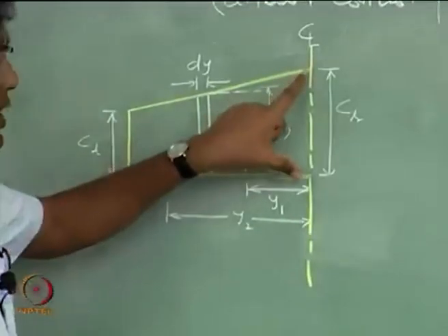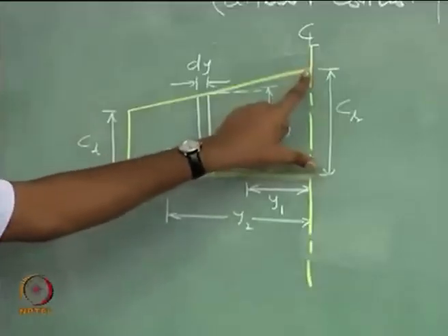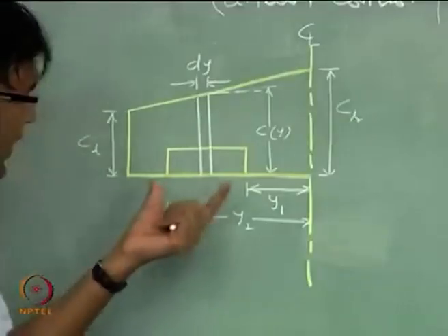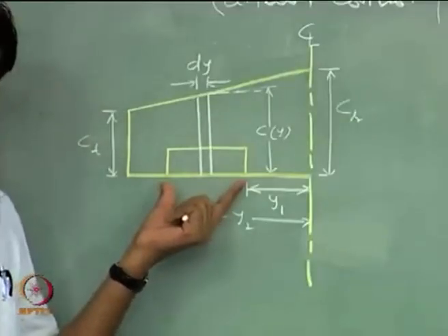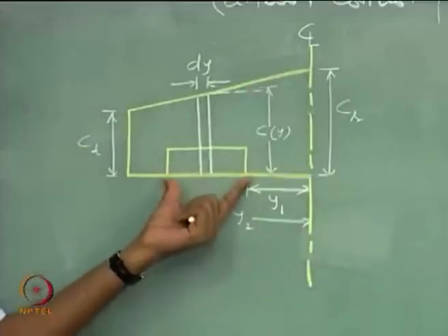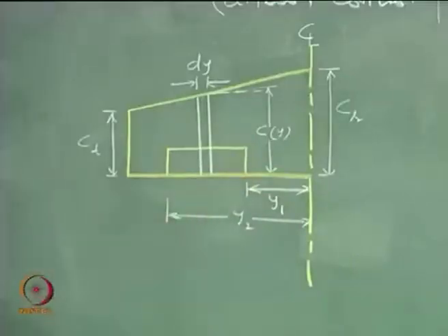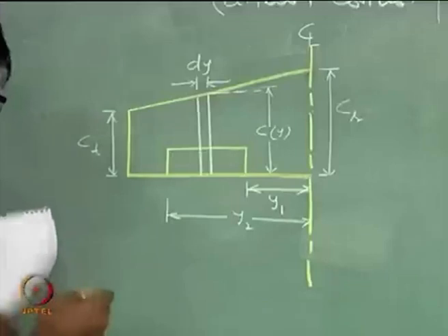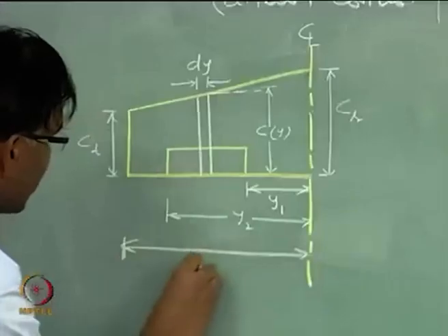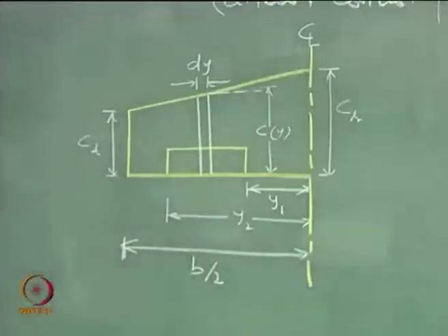The root chord length is Cr, and the tip chord is Ct, and the aileron is at a distance y1 from the center line and is having a length which is y2 minus y1, and the half span of the wing is b over 2, right.